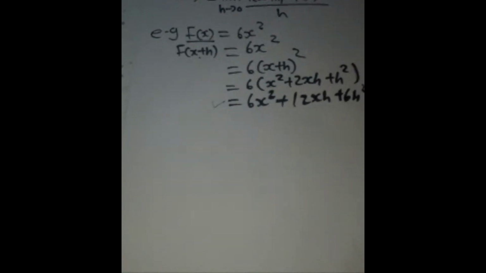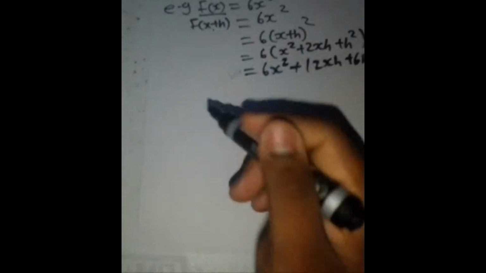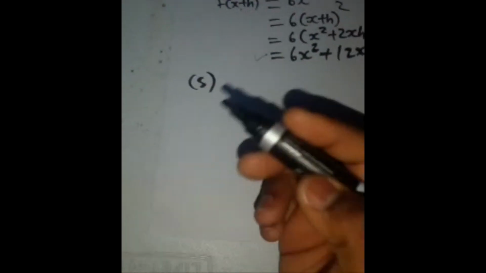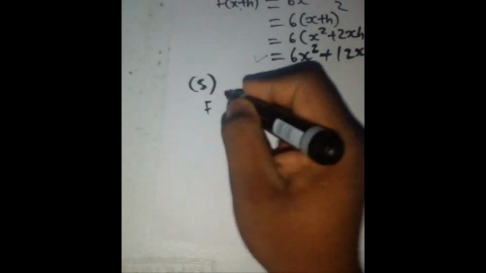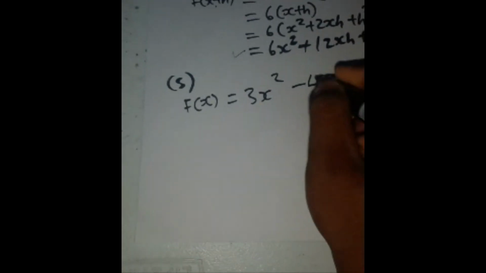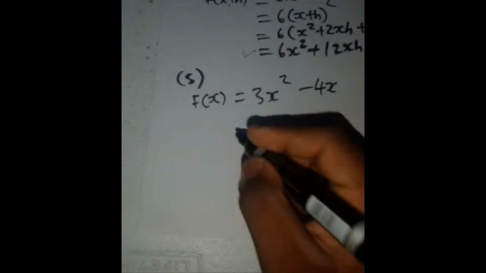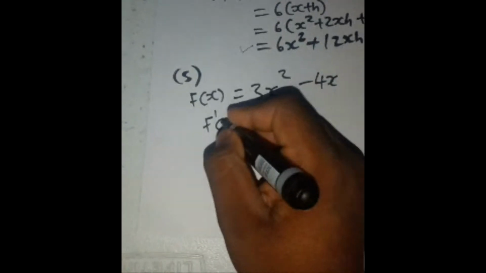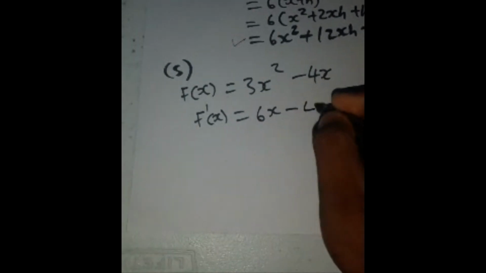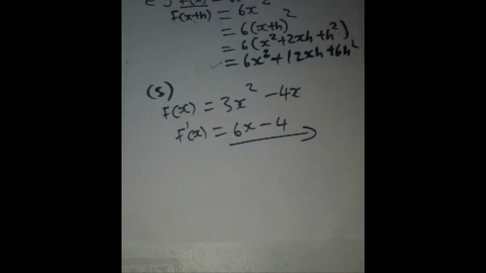It's very easy. But what I can tell you about first principles is that if they say determine blah, blah, blah, from first principles, and then they say 5 marks, given f of x equals 3x squared minus 4x, on your side you'll simply say the first derivative is equal to 6x minus 4, from the knowledge that you know from your rules, right?